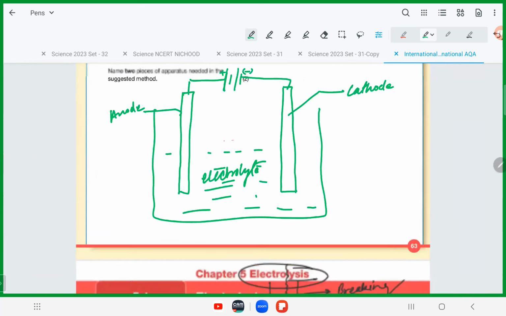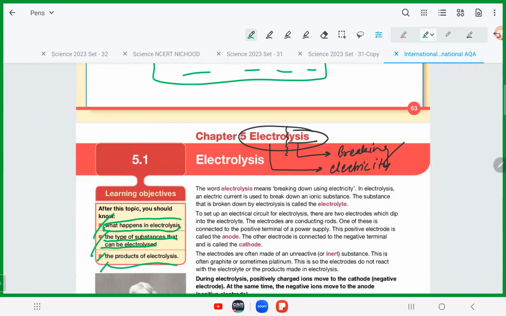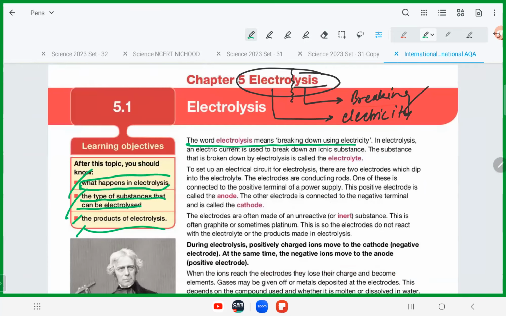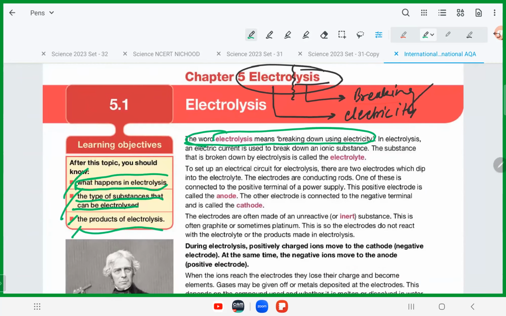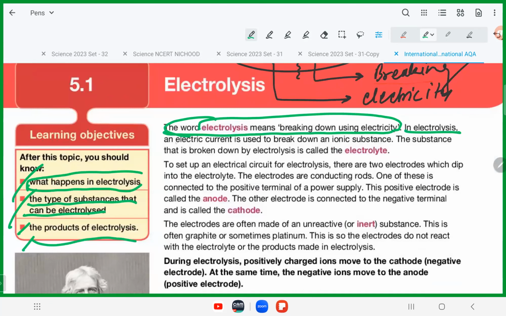Now here you read the word electrolysis, which means breaking down using electricity. In electrolysis, an electric current is used to break down an ionic substance. Ionic substance means salt, NaCl.